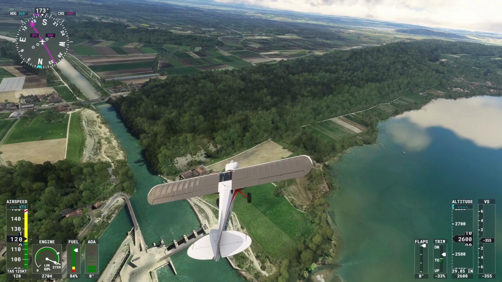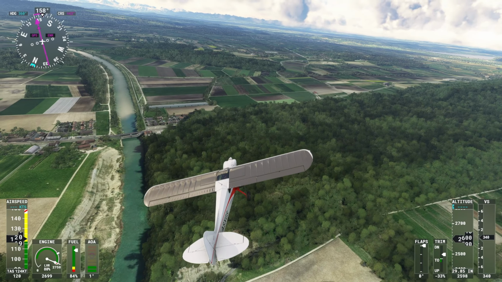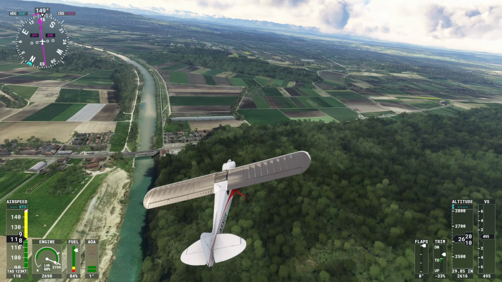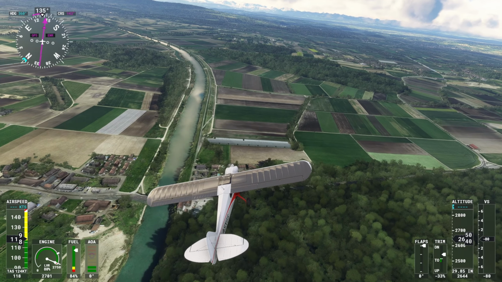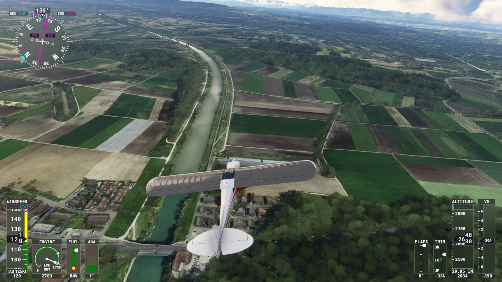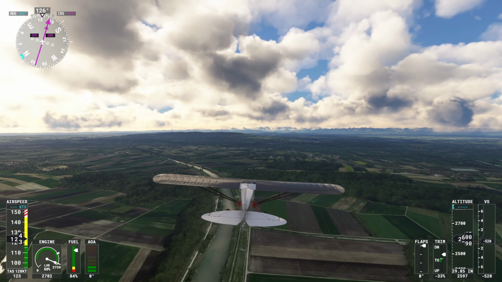Follow the Aare Hagneck Canal to the southeast, flying away from the Jura Mountains and farther into the Swiss Plateau region. Continue along the canal until its juncture with the Saane River. Now, S-A-A-N-E, I'm going to pronounce it Saane, but it could be Saane. Saane, maybe? Who knows? Not me.